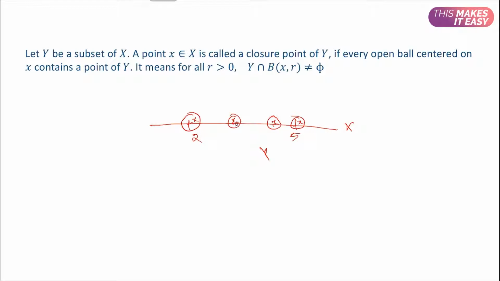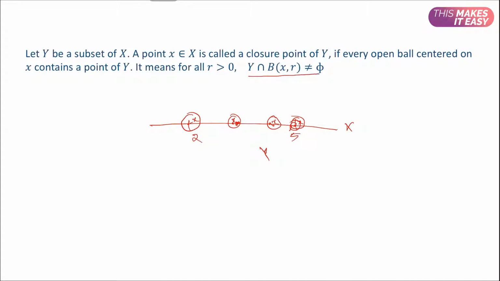I am taking x here, here, here, and here, with an open ball around each. Here it automatically contains many points of y. Here also it contains some points of y. The collection of all those points is called the closure.